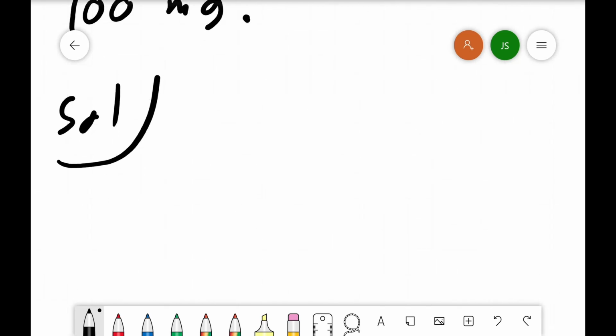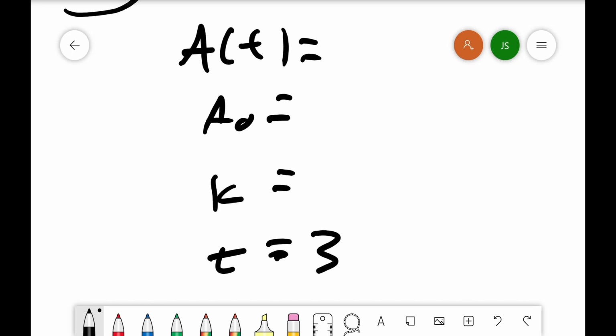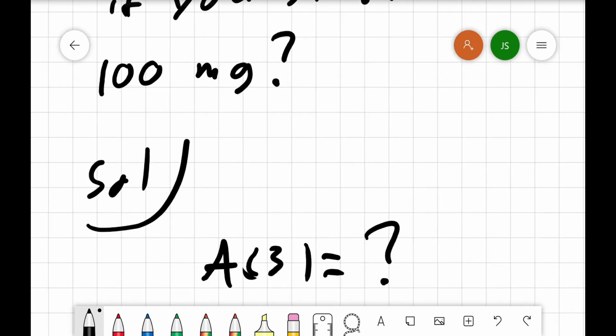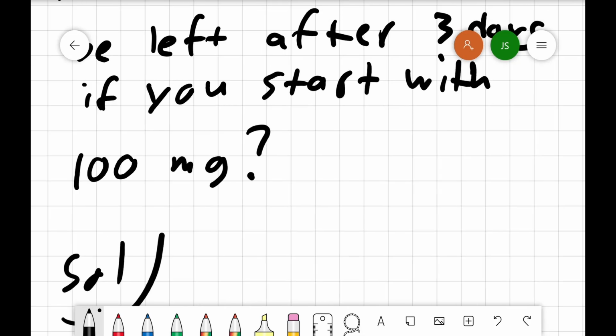All right. A of t, A naught, k, t. Well, time was 3 days. So really A of 3 is what we're looking for over here. And A of 3 was the question. I want to know the amount that's left after 3 days. I'm starting with 100 milligrams. That's A naught.